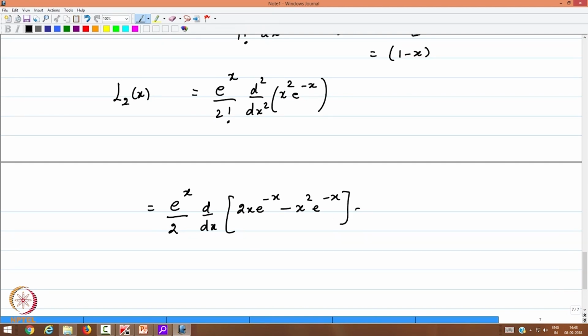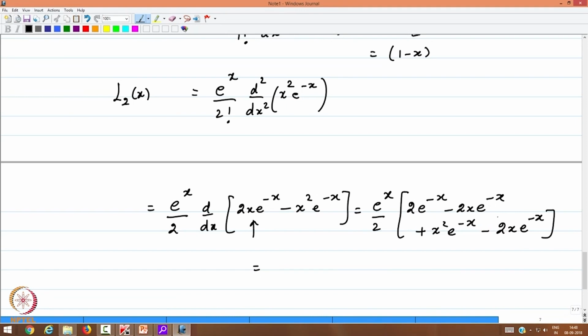If we take one more derivative, e raised to x by 2 into 2 e to the minus x minus 2x e raised to minus x, that is all from here, and then you have 2 terms from this one, minus 2x e raised to minus x plus x square e raised to minus x. So, there is a minus 2x here, so it is minus 4x, and there is a 2, there is an x square. So, what you have is 1 by 2, the exponential x and minus x cancel out, there is a 2 minus 4x plus x square. This is L2.